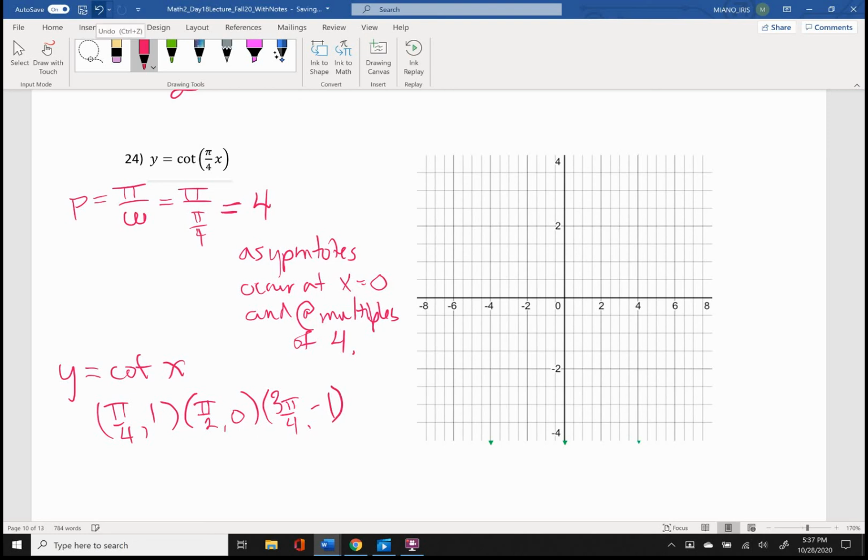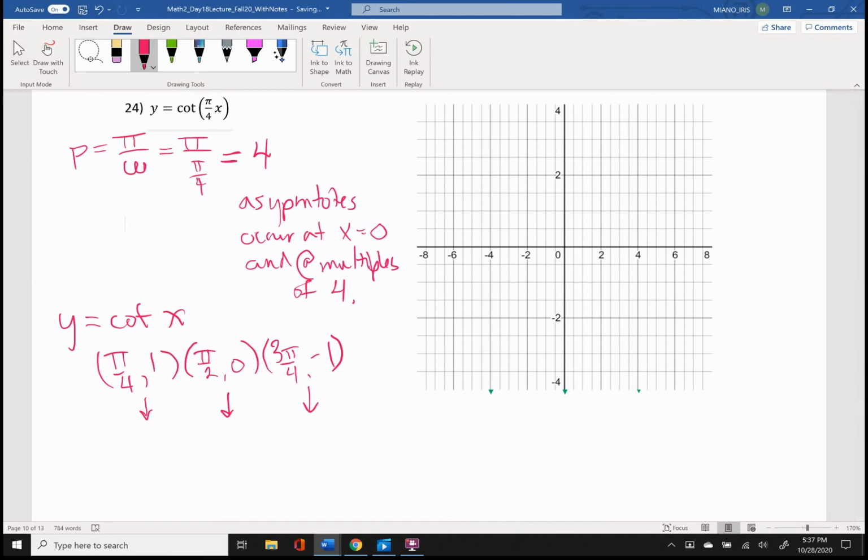But we need to make adjustments for this period change, so I'll just draw some arrows and say via period change, this is how they'll be now. So this point will correspond to a 1, 1.